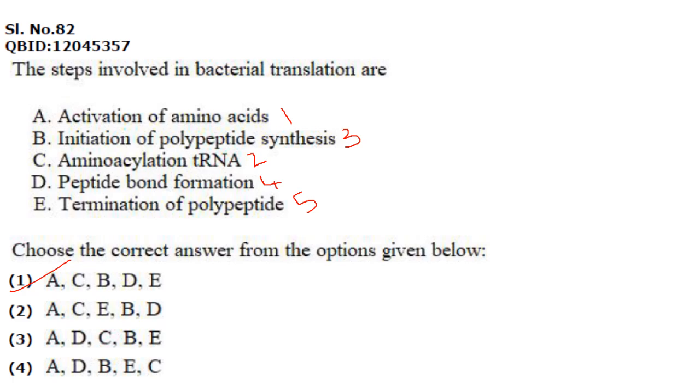Then next one. The steps involved in bacterial translation are activation of amino acids, initiation of polypeptide synthesis, aminoacylation tRNA, peptide bond formation, termination of polypeptide. So activation of amino acids, that is the first step.